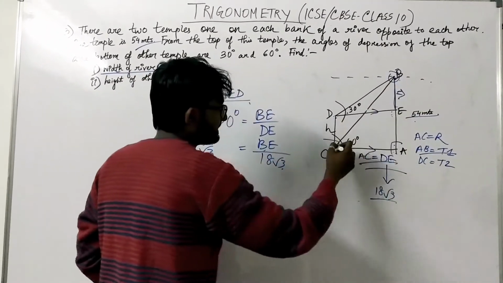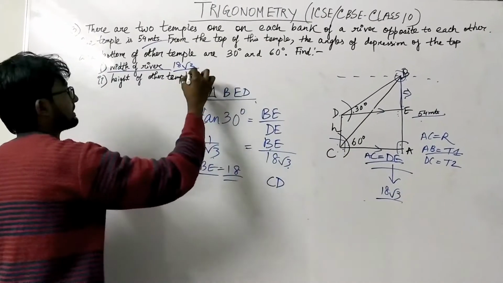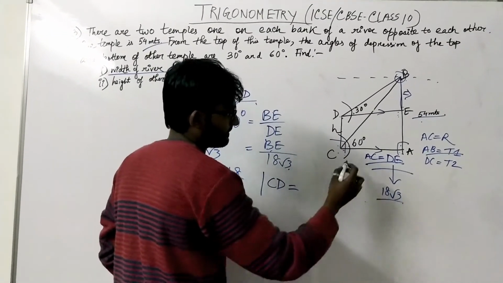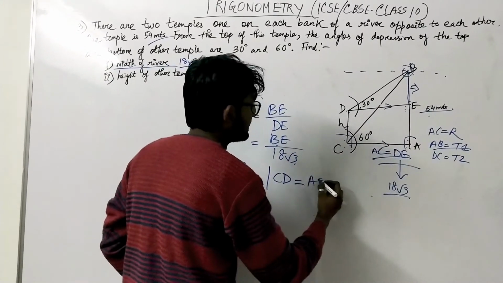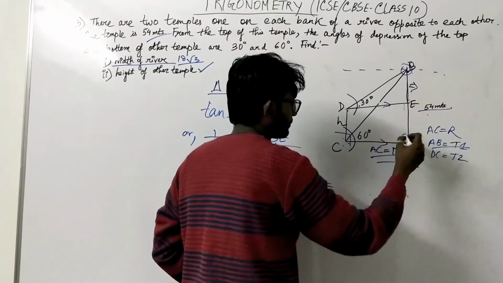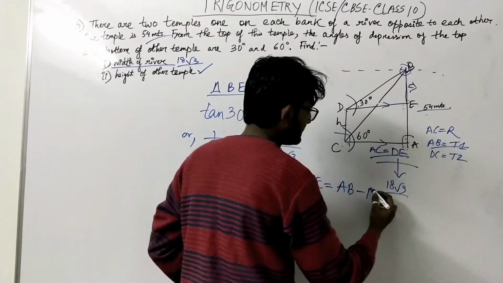So now very carefully see this. If we consider CD, we will write CD because we need to find out CD. CD is the height of the other temple. So CD is equal to nothing but AE, as I have told you. And what is AE? AE is nothing but AB, this whole thing, minus this BE.